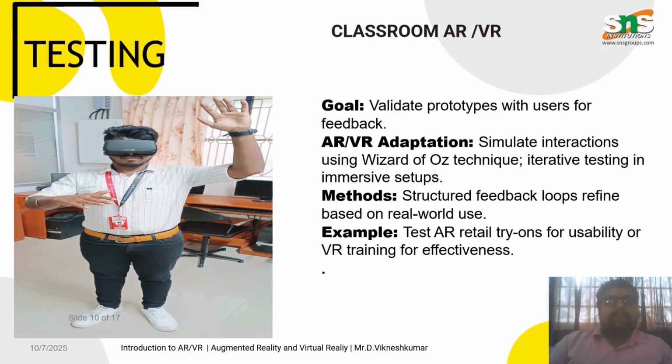The methods used for testing are structured feedback loops defined based on real-world uses. Based on the feedback given by the user, you test whether it is working or not. For example, AR retail try-ons tested for usability and VR training for effectiveness.